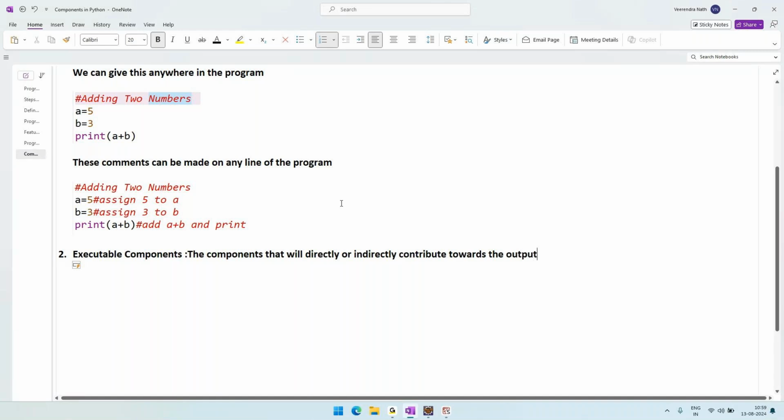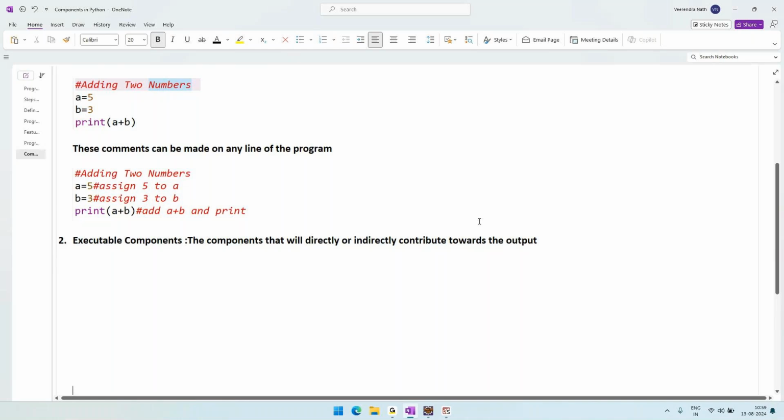So whenever we are talking about executable, the executable components are the components that will directly or indirectly contribute towards the output.